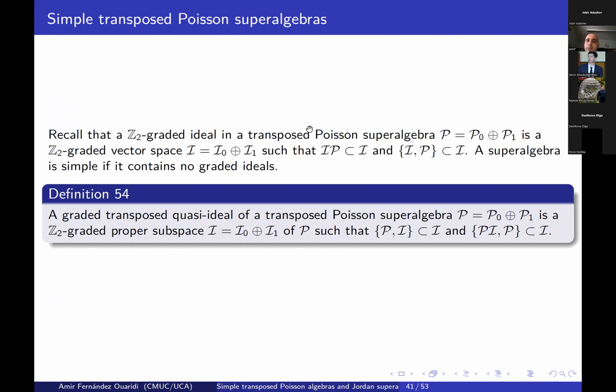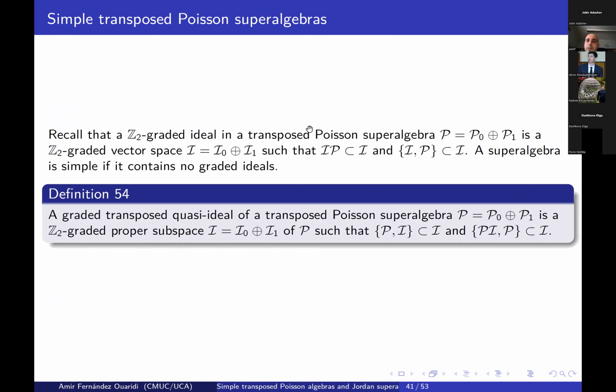Then a superalgebra will be called simple if it contains no graded ideals. A graded transposed quasi-ideal of a transposed Poisson superalgebra is a graded proper subspace satisfying, again, the two properties that we had before, but for the graded ideal.